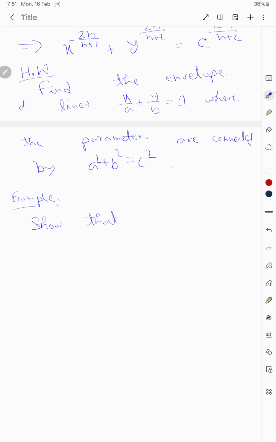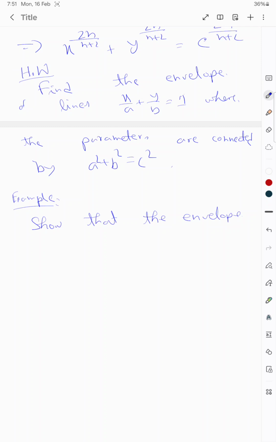I think if you see the last 10 years, this question has come 3 times. The envelope is very easy, you just have two relations: f of x comma y comma a is 0 and del f by del a.